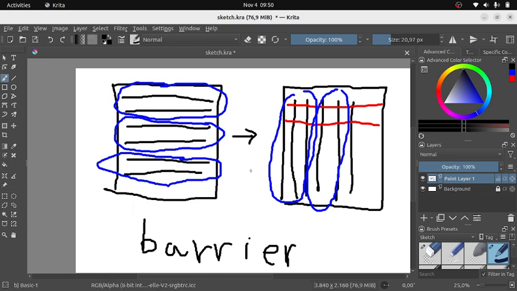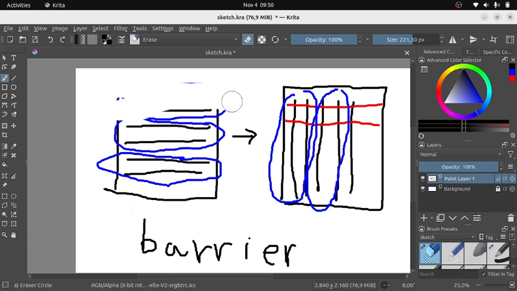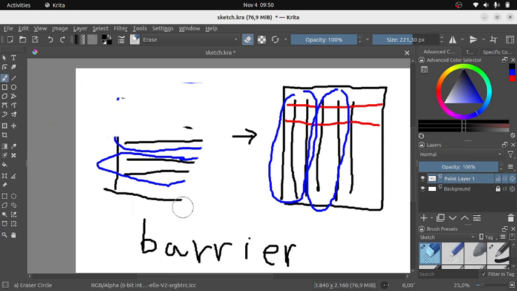Okay, so then what is a barrier? Well, a barrier is a very useful construct for parallelizing programs, for synchronizing threads.